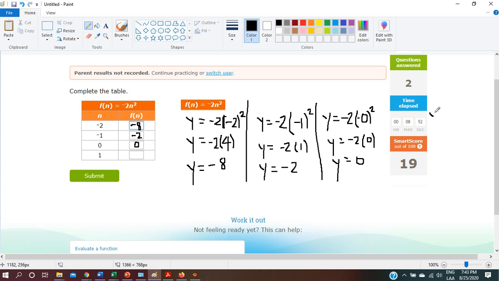And the very last one, y equals -2 times 1 squared. y equals -2 times 1 squared equals 1. So y equals -2 times 1, -2.